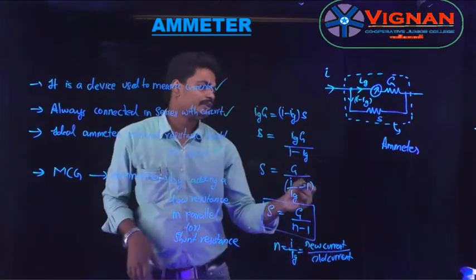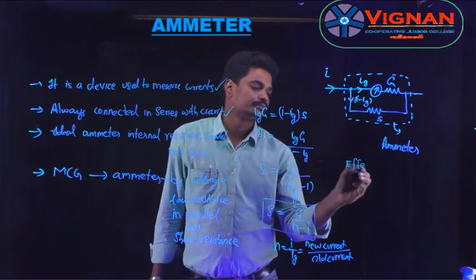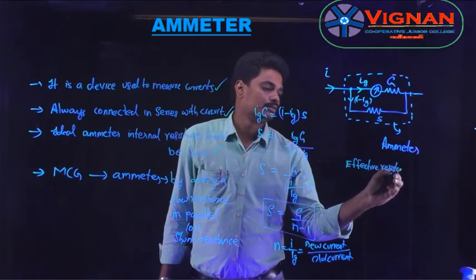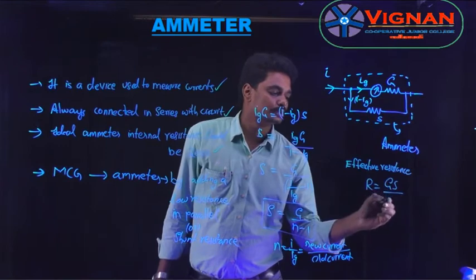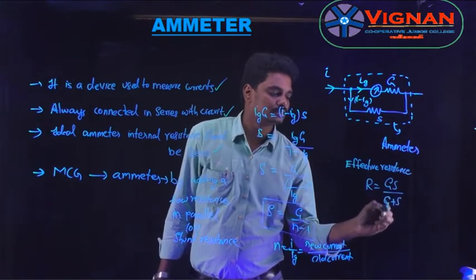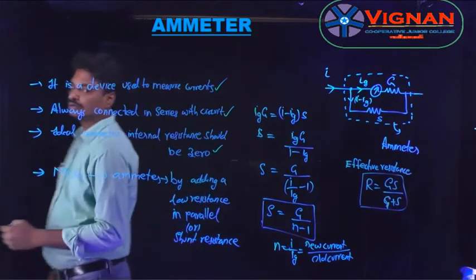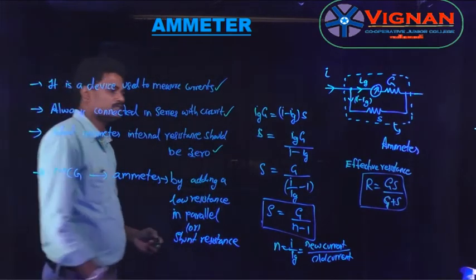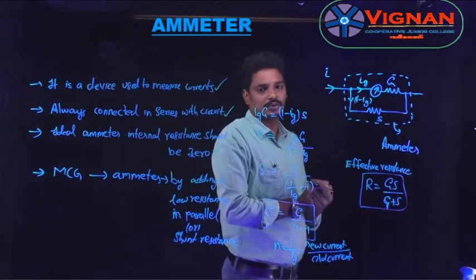So what is the effective resistance? As we calculated before, effective resistance R is equal to GS by G plus S, which is very low when compared to the internal resistance of the galvanometer.